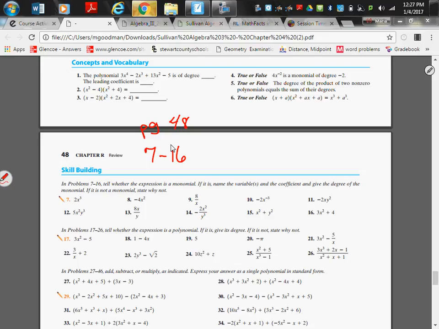I will freeze it right there. You should have time to get this done in class. When you're finished, turn it into the box. The box is right back there. 7 through 16.